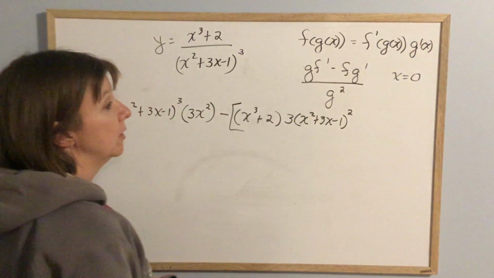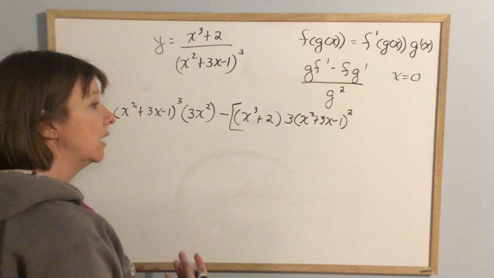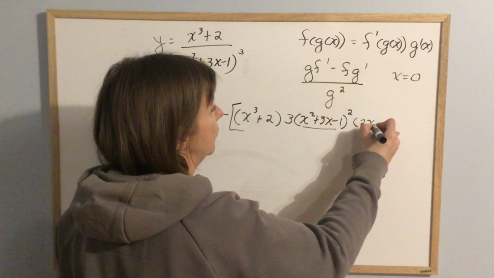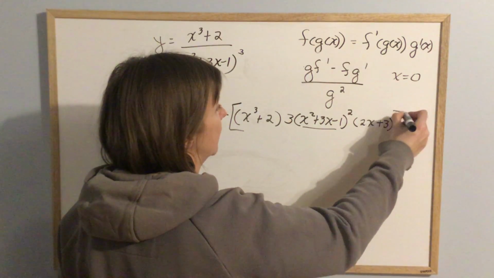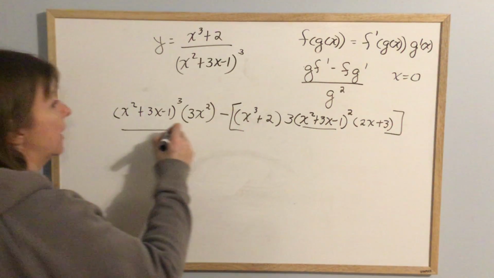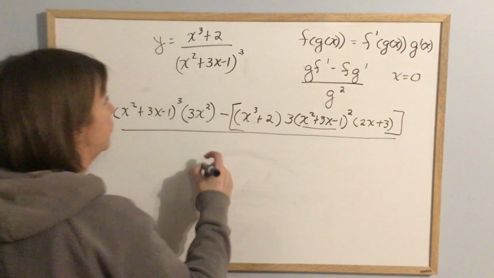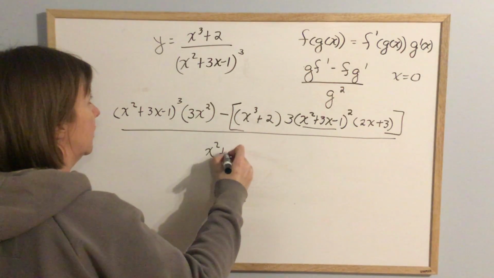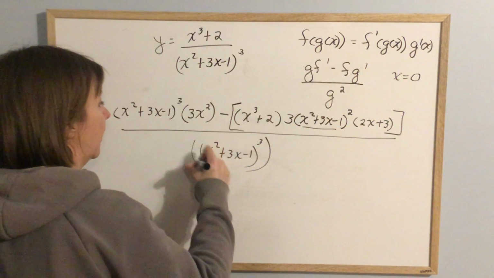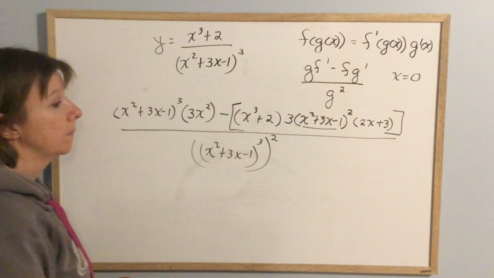Decrease my exponent by 1. Then I do the derivative of the inside, which would be 2x plus 3. So I'm subtracting all of that, and that is all over g, which is x squared plus 3x minus 1 cubed. That is all squared.